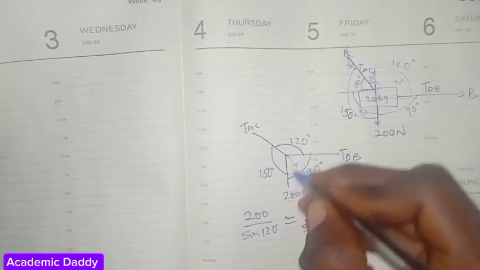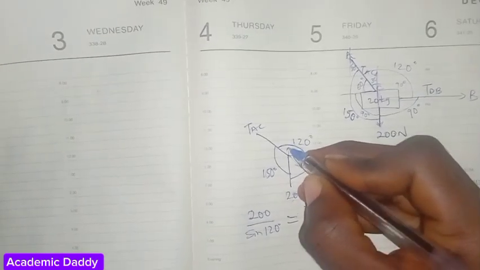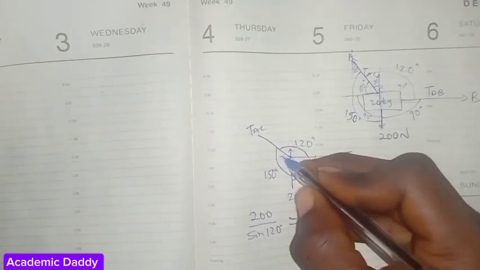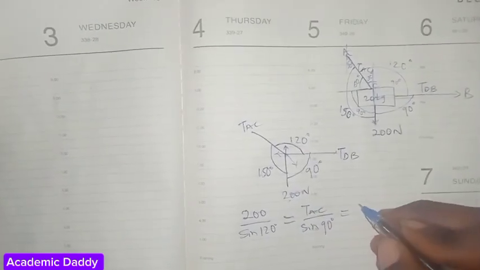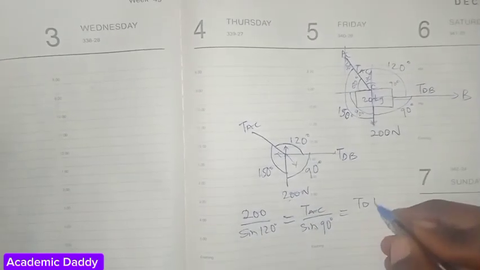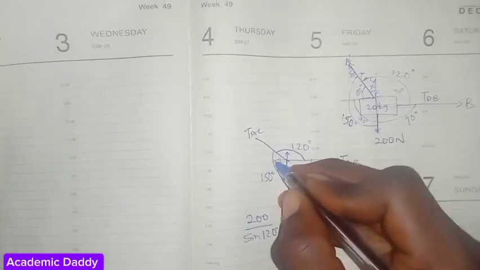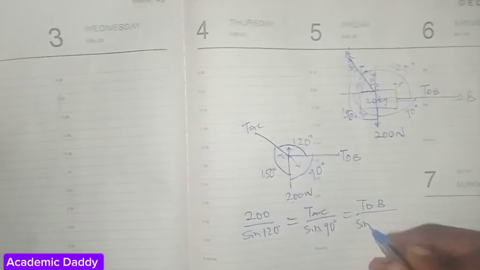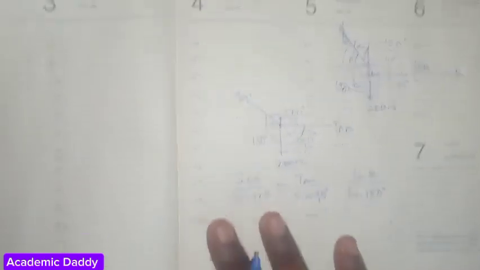Notice that it's pointing this way, and this one is pointing this way. So it equals TDB, which is pointing towards 150, so sine 150 degrees. This is an easier method to go about this.